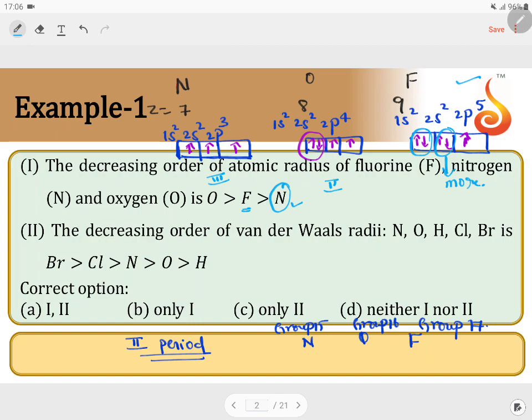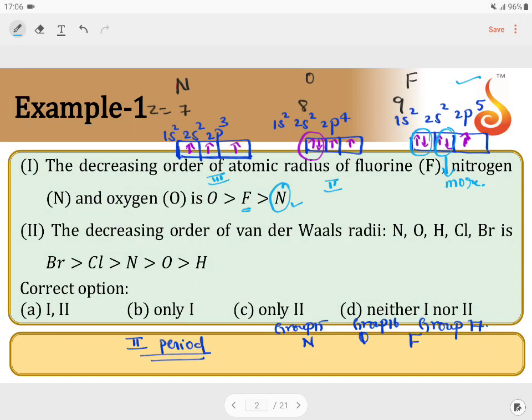Therefore, highest is for oxygen, next for fluorine, then least for nitrogen. In case of oxygen, the effect of effective nuclear charge is not dominant. In case of fluorine, definitely it is dominant, due to which oxygen has the highest atomic radius, then comes fluorine, then nitrogen.